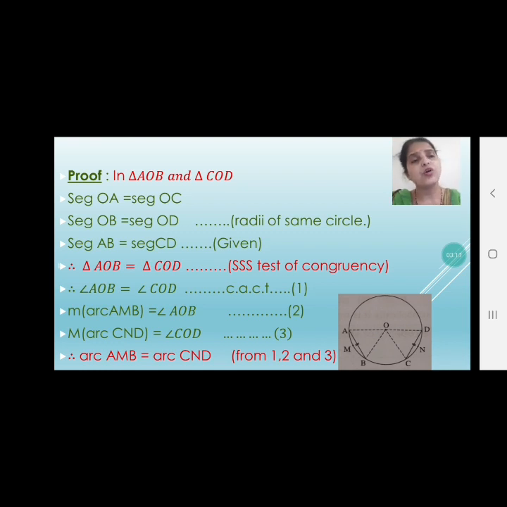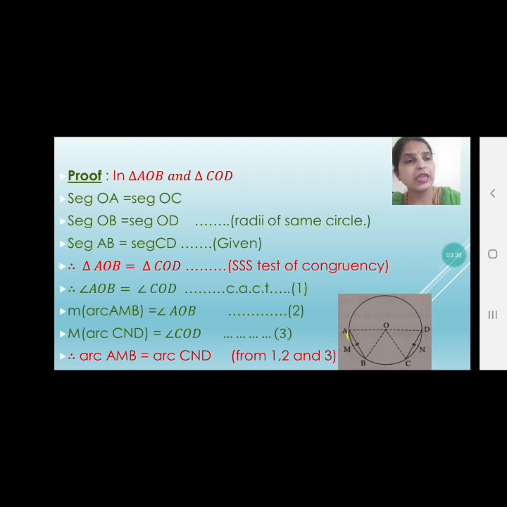So all their angles will be equal. So angle AOB is equal to angle COD, right? This is equation number 1. Now angle AOB is equal to measure arc AMB and angle COD is equal to measure arc CND, from 1 and 2.